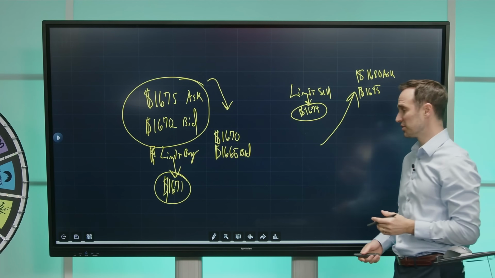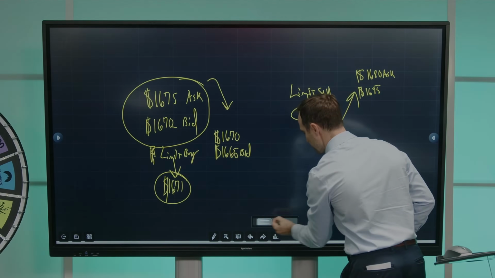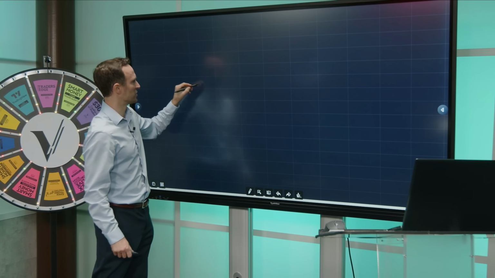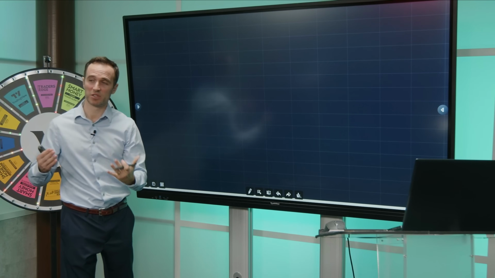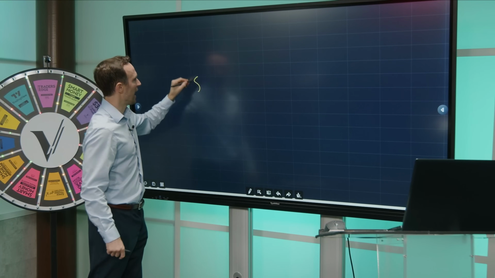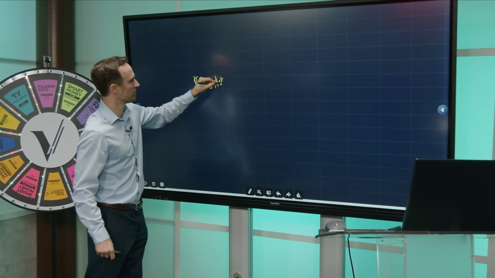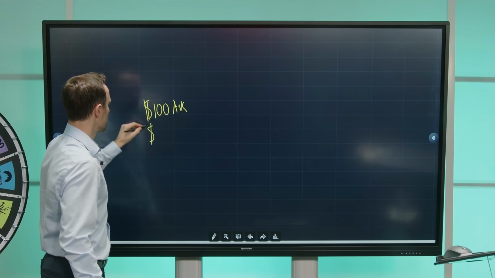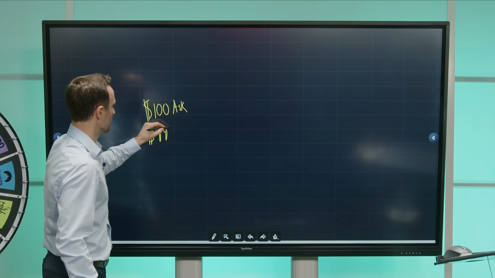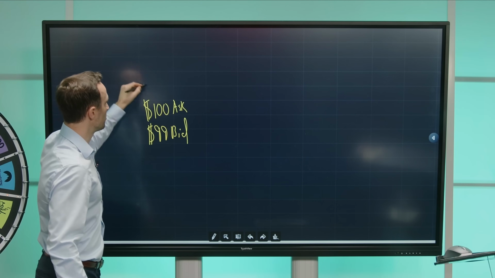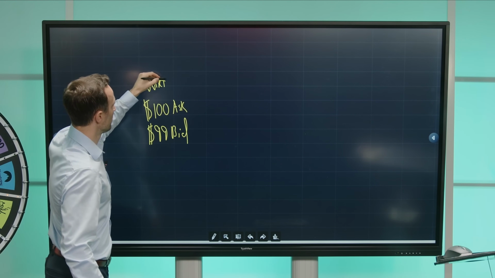The other thing to understand is this. This is very important. Let's say that you want to get into a stock right now. Let's say that the ask price is $100, and the bid price is $99. And you put in a market buy.